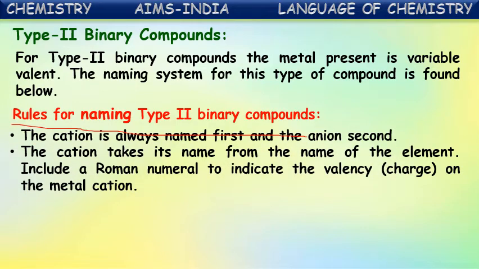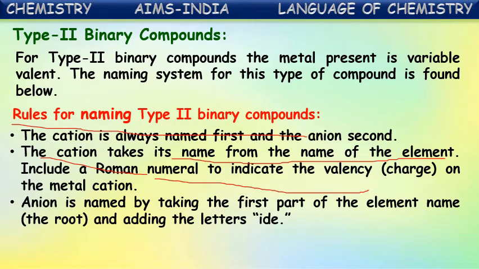Next, the cation takes its name from the name of the element. Cation's name we'll write as usual. Include a Roman numeral to indicate the valency of the metal cation. Its valency we'll write in brackets, represented with Roman numerals. The anion is named by taking the first part of the element name and adding the letters "ide".